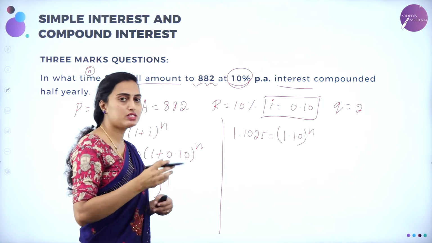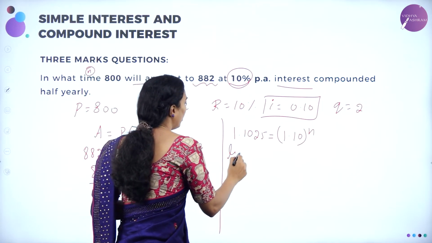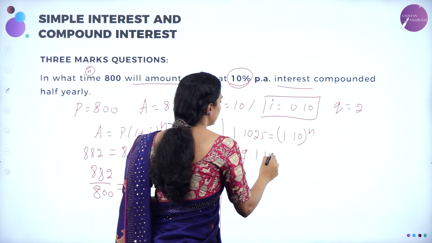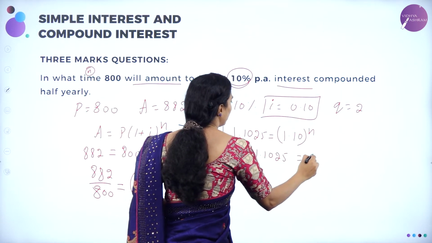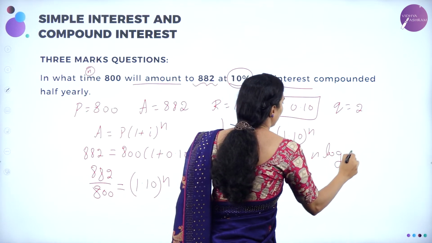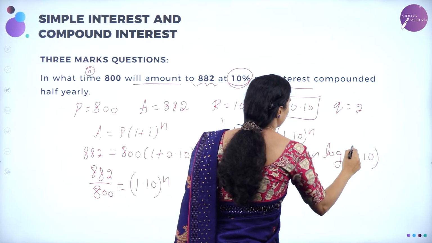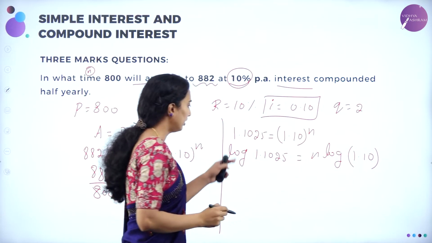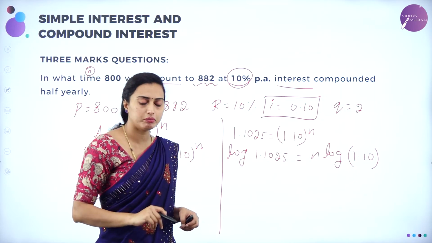I want n, so taking log on both sides: log 1.1025 is equal to n log 1.10. So therefore, let me find out this value by using the logarithmic table.